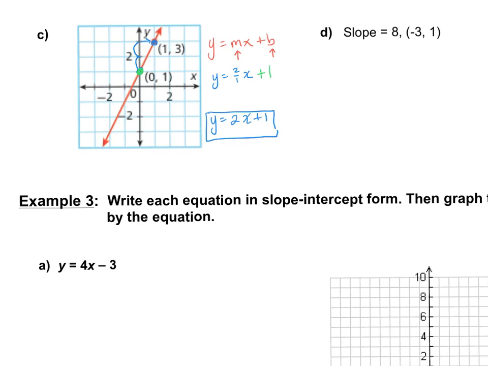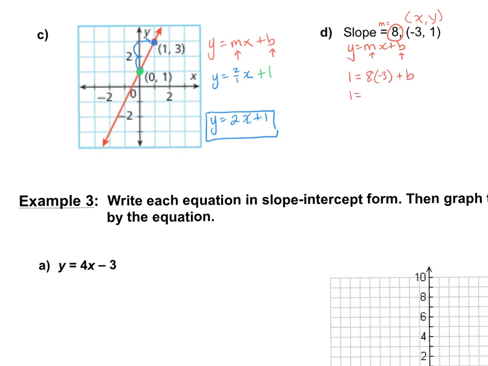Okay, so for my next one, y equals mx plus b. Again, I need the m and the b. But what I'm noticing is I only have the m. The slope is 8. And I wasn't provided the b, but I was given an x and a y. That's my ordered pair. So I can plug that information in. So I have y equals, my m is 8, my x is -3. And now I can actually solve for b.